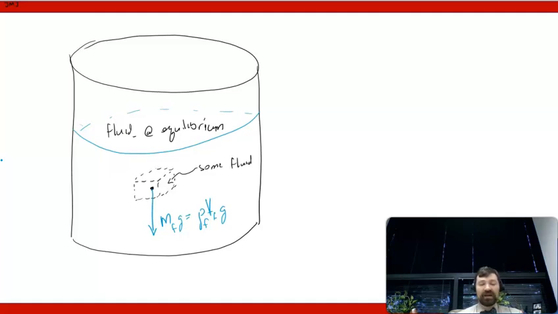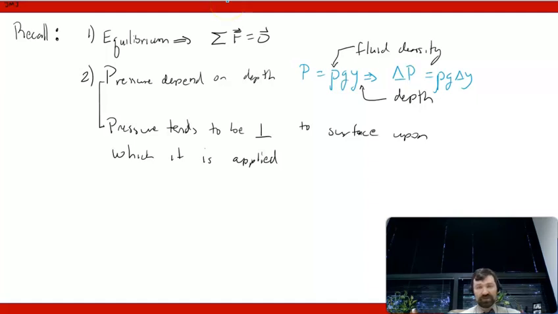That means that I have to have a net upward force, we'll call this the buoyant force, FB, acting on that little section of fluid, such that FB is equal to mass of fluid times g, or in other words, it's equal to density of fluid times the volume of the fluid times g. This is the condition implied by equilibrium, sum of forces being 0.